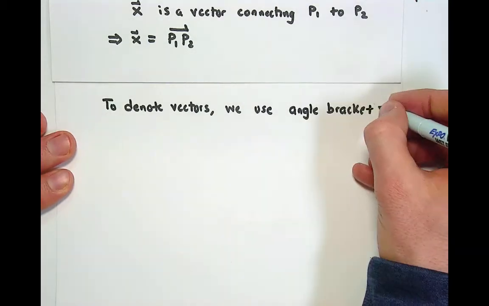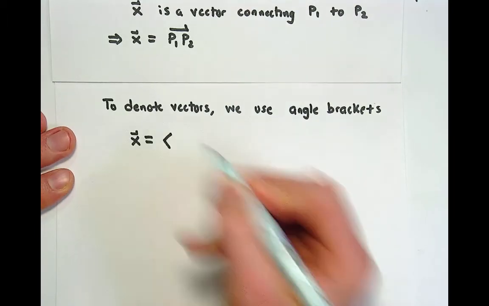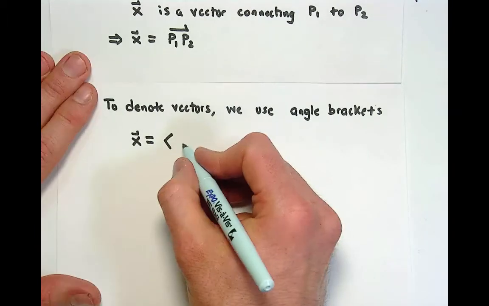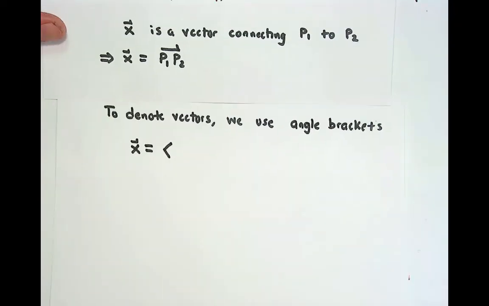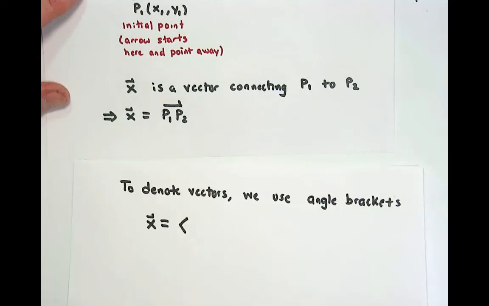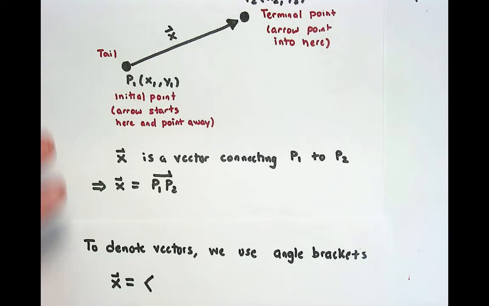Okay, so here x would be some x component and y component, and the x component is going to be the difference between the x coordinates of the points that it connects.